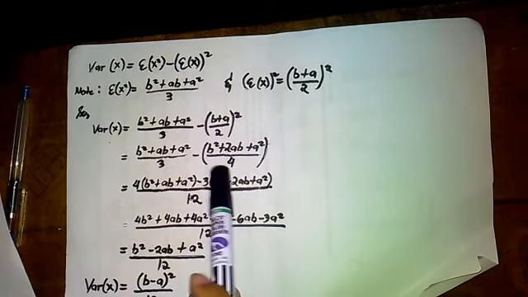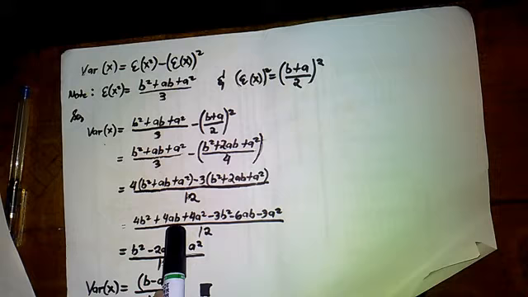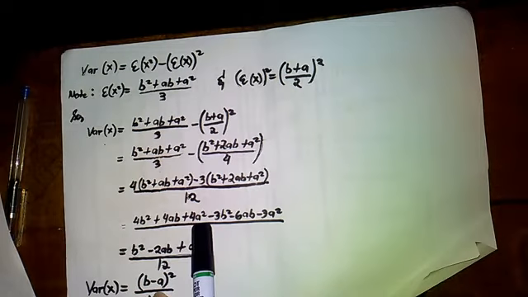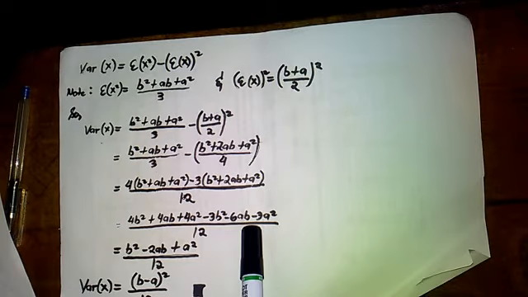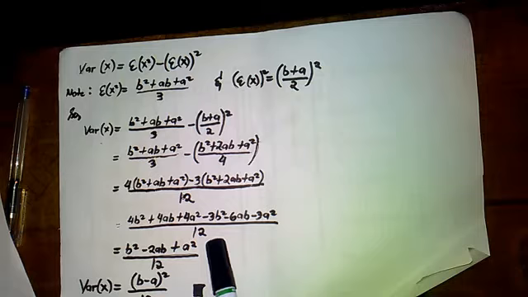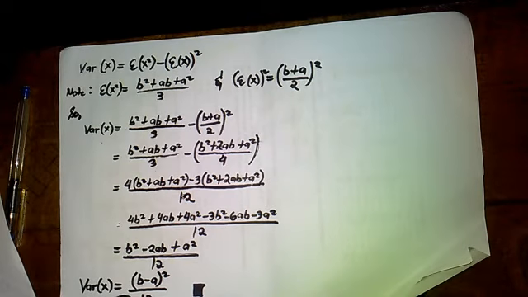Simplifying again, we come up with 4b squared plus 4ab plus 4a squared minus 3b squared minus 6ab minus 3a squared all over 12. Cancelling out the like terms, we come up with b squared minus 2ab plus a squared all over 12. So our variance of x is equal to b minus a squared all over 12.